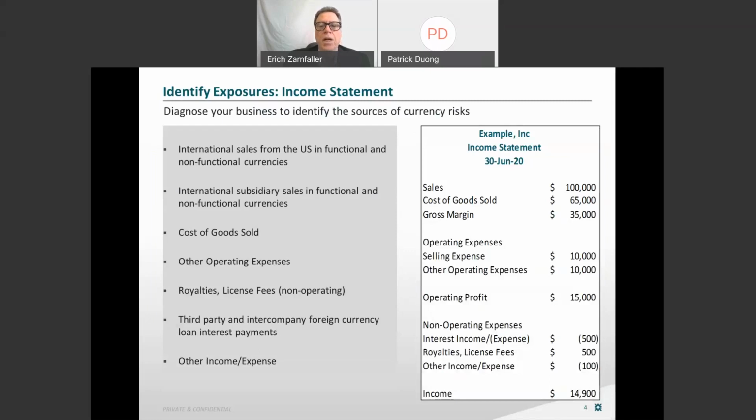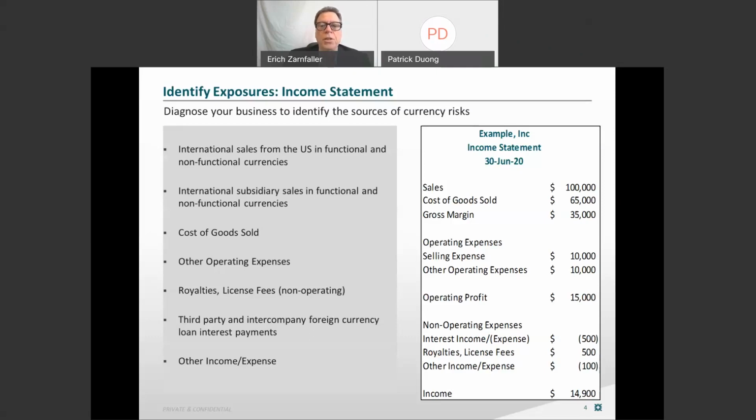An exposure can be defined as a business transaction denominated in the non-functional currency of the company and or its subsidiaries. A company's functional currency is defined by FASB as the currency in which the company does the majority of its transactions. This slide illustrates potential exposures and their location on a very simple income statement.